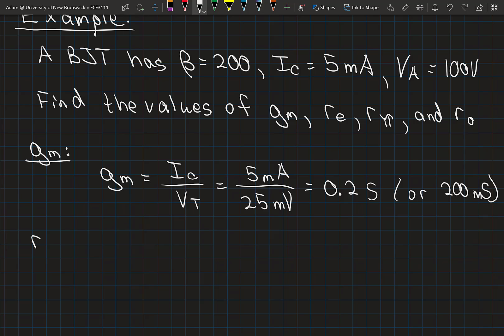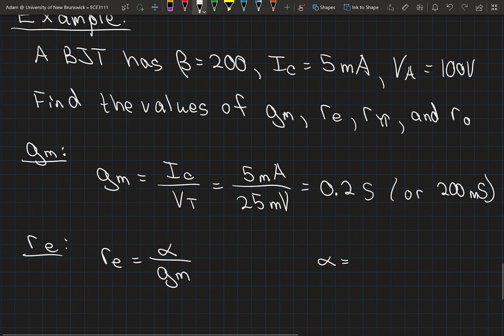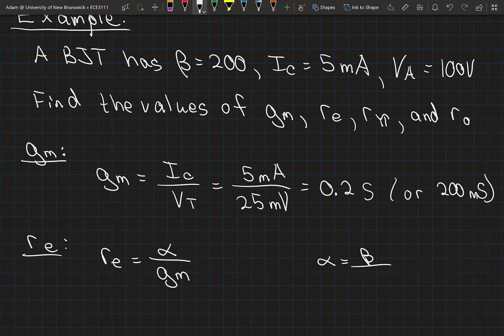Now that we have our transconductance parameter, we can calculate the intrinsic emitter resistance. We know that's simply equal to alpha over GM. We can calculate the common base gain, as we've looked at previously, as our common emitter gain over our common emitter gain plus 1.